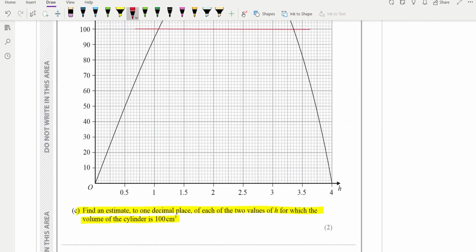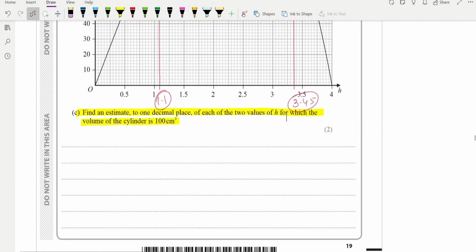X values, we will be checking the reference for this value, and for this value also we'll be checking the reference, and this value we can write like 1.1, and this value we can write 3.45, and they are saying up to one decimal place. Find the estimate up to one decimal place. So these values will be 1.1 and 3.45, or we can write 3.5. So these two will be the values which we are done with.